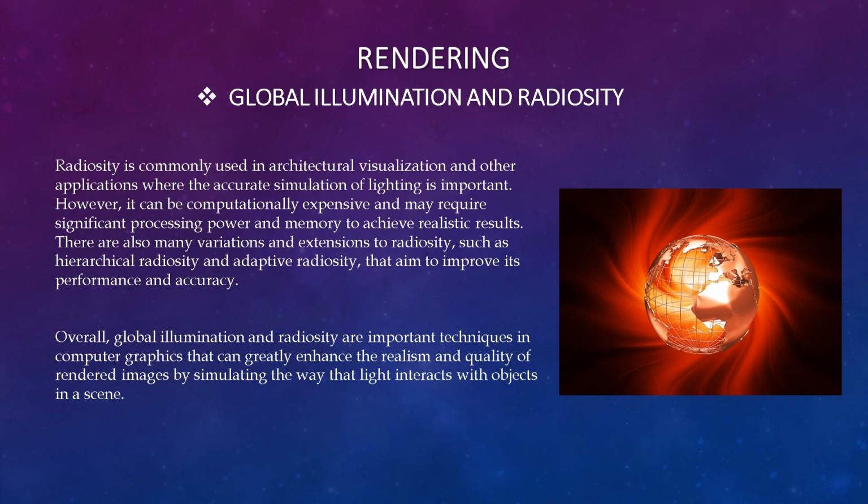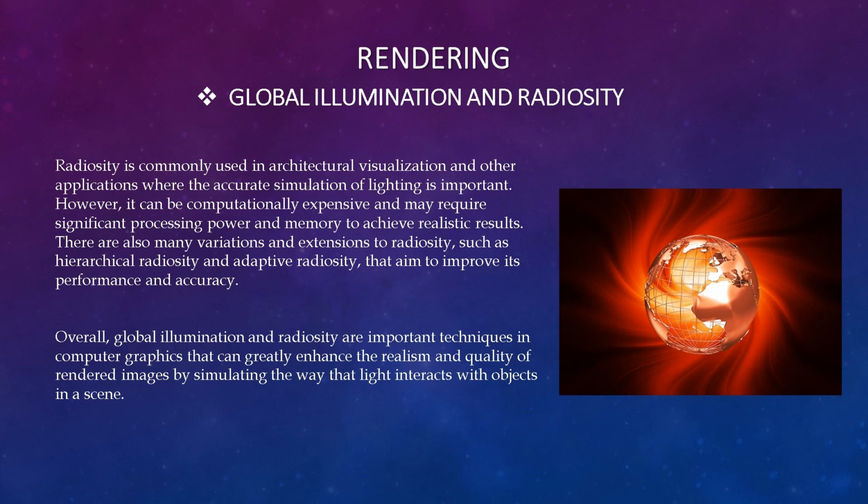Radiosity is commonly used in architectural visualization and other applications where the accurate simulation of lighting is important. However, it can be computationally expensive and may require significant processing power and memory to achieve realistic results.